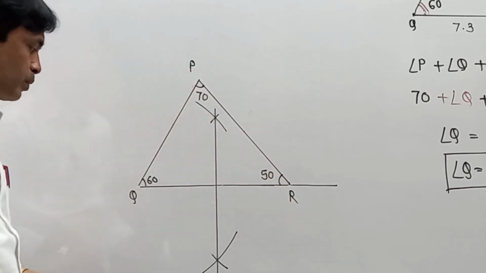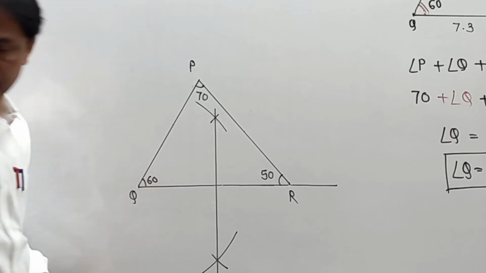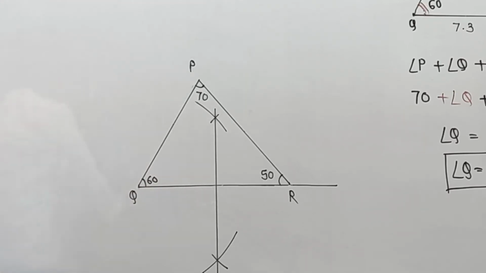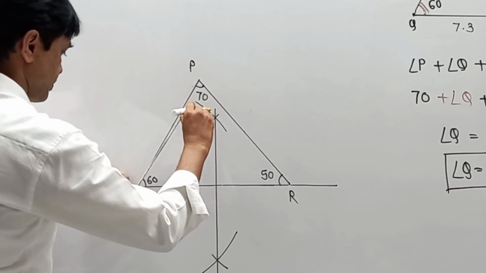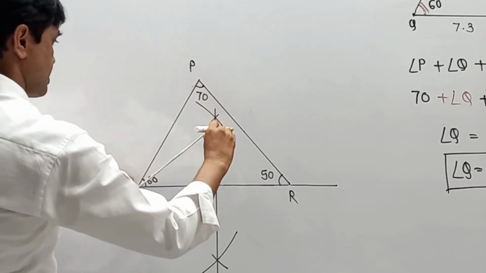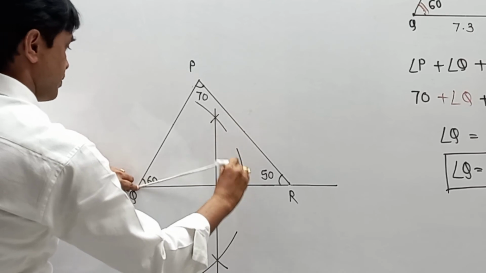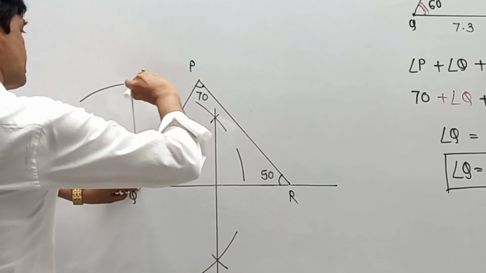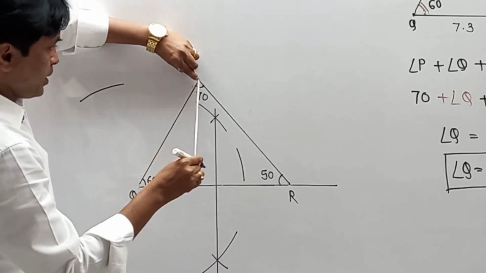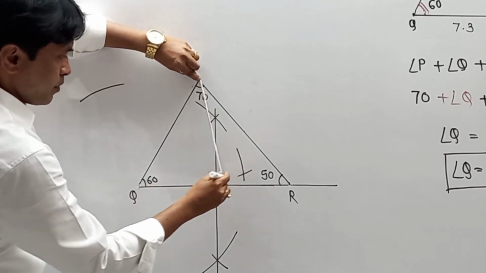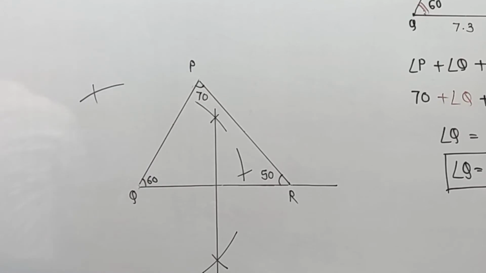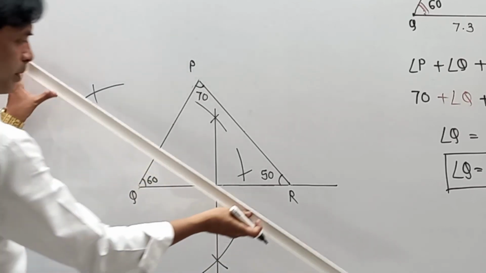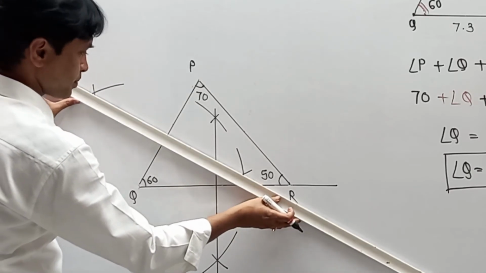Here I am going to take PQ for the perpendicular bisector, and from Q, first arc, second arc. From P, first arc, second arc. Now here I am going to draw the second perpendicular bisector.